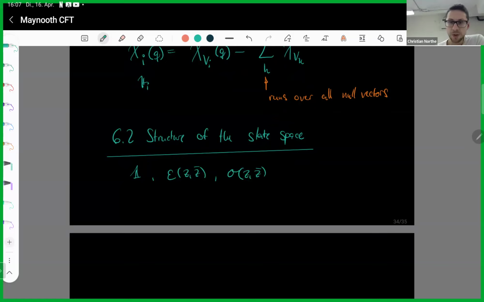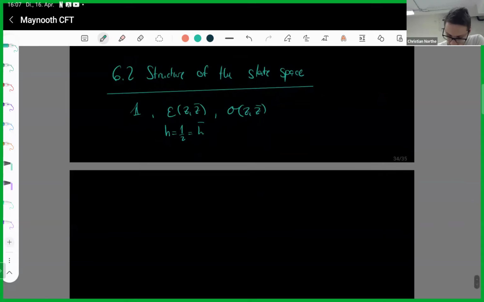And now I'm going to always talk about the holomorphic and anti-holomorphic sector. Since each of these fields has h equals 1/2 equals h bar, essentially it's a product of two conformal families, one for the holomorphic sector, one for the anti-holomorphic sector.